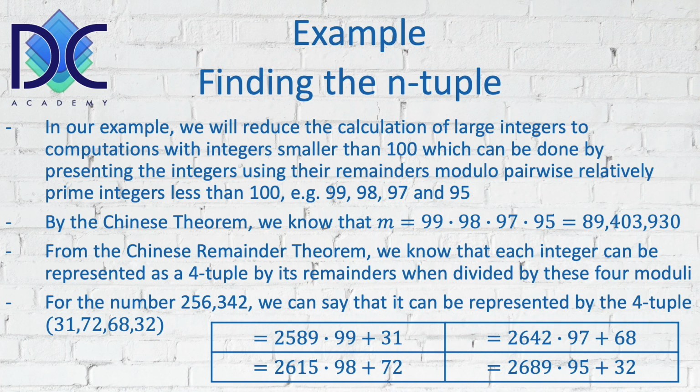And we find that by considering 256,342 divided by 99, and we find that the remainder is 31. So we do that for the different moduli. For 99, we find the remainder is 31. For 98, we find it is 72. For 97, it's 68. And for 95, it is 32. Hence, we find the 4-tuple 31, 72, 68, and 32.